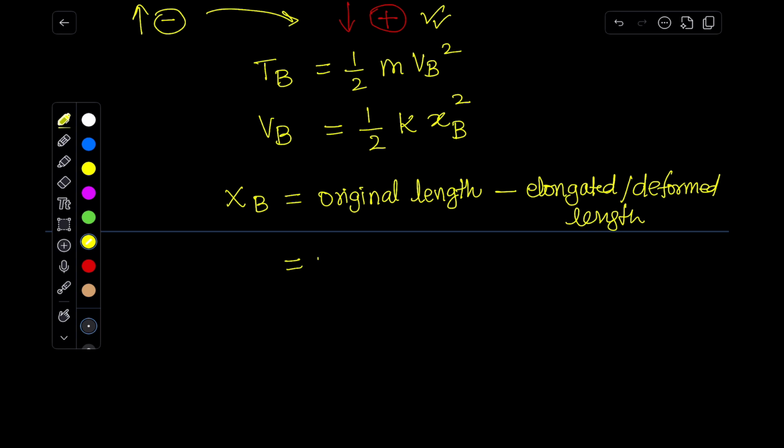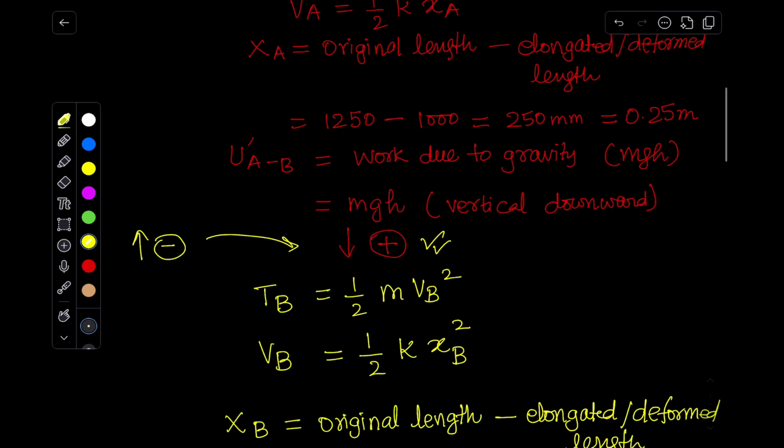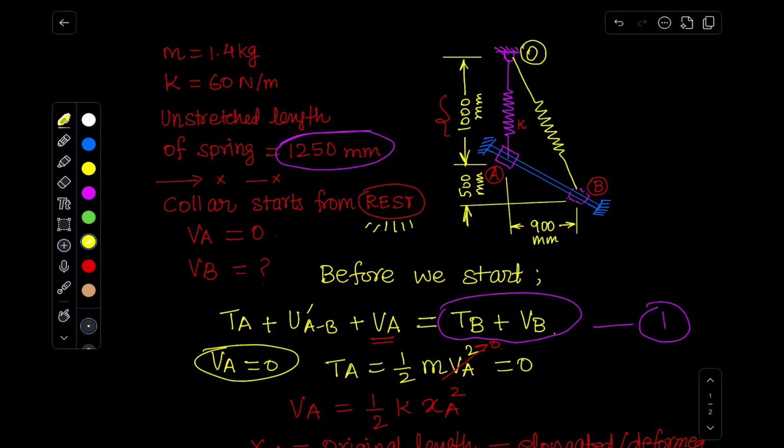Secondly, we have to calculate the spring work, which will be 1 by 2 k xB square. So what is xB? It is the original length minus the elongated length. Now here is a catch. How much is elongated?